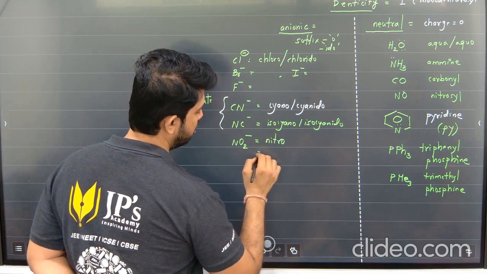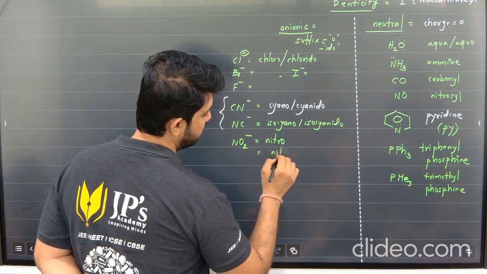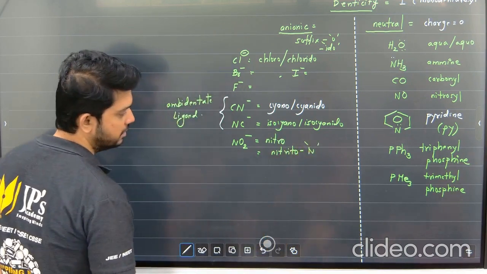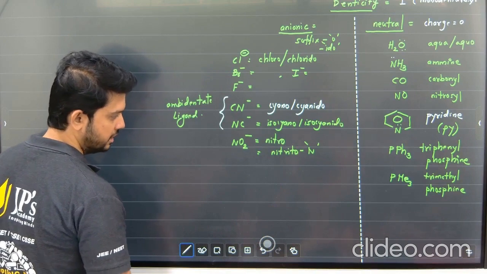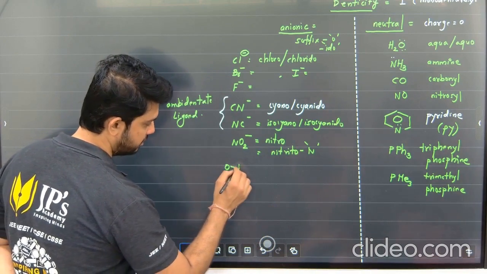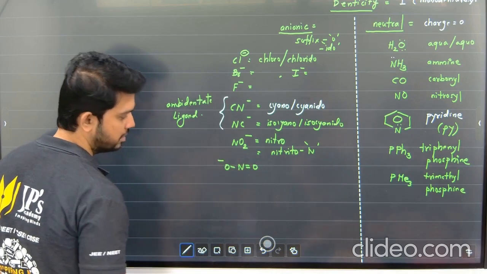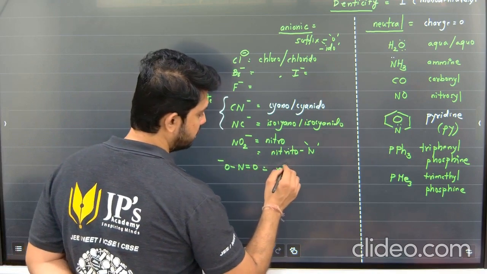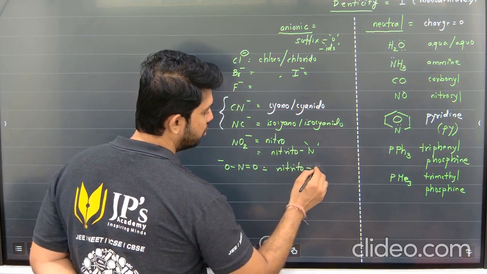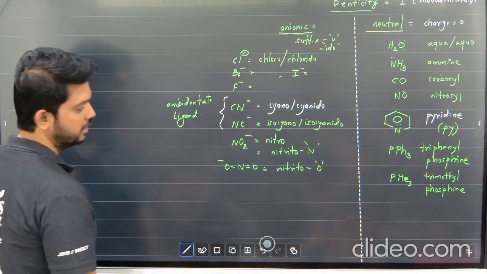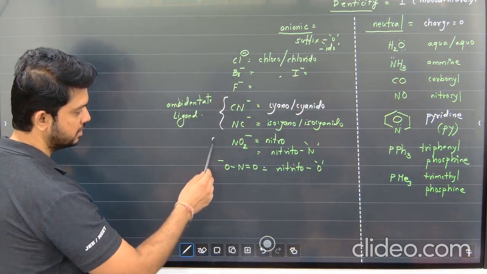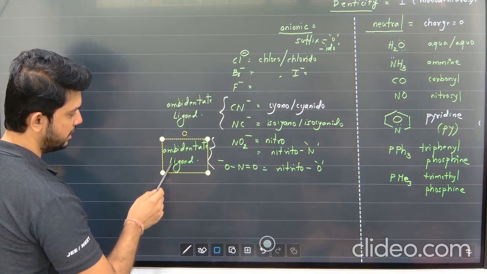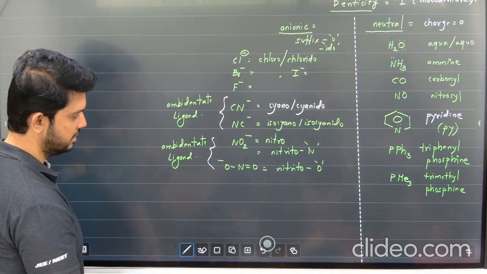Next, nitro, or nitrito-N, which shows that the donor is nitrogen, or nitrito-O, showing that the donor is oxygen. Again these two are called ambidentate ligands.